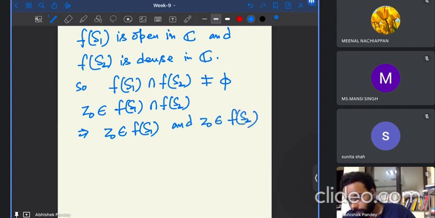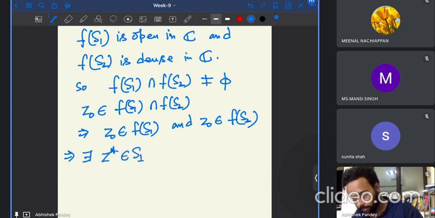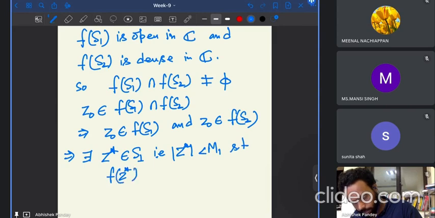It means there exists z1 star belonging to S1, that is mod of z1 star is less than M1, such that f of z1 star is z naught.